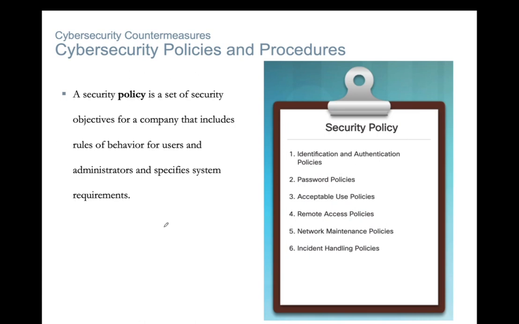As a countermeasure, a security policy is a set of security objectives for a company that includes rules of behavior for users and administrators and specifies system requirements. These objectives, rules, and requirements collectively ensure the security of a network, the data, and the computer systems within an organization.